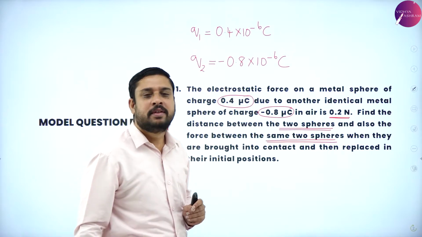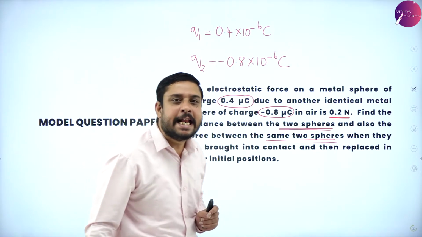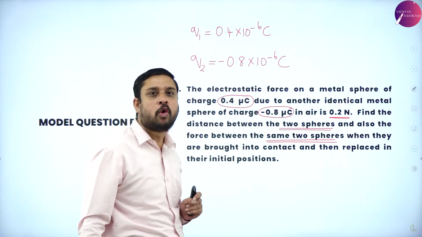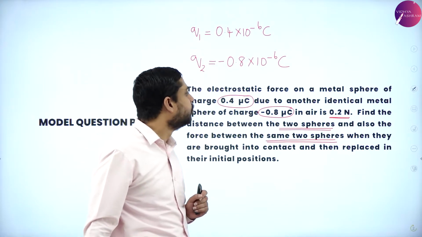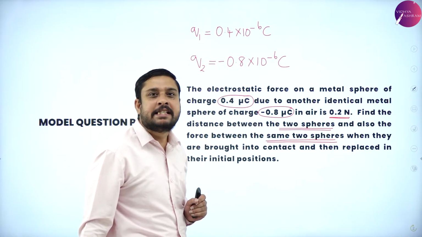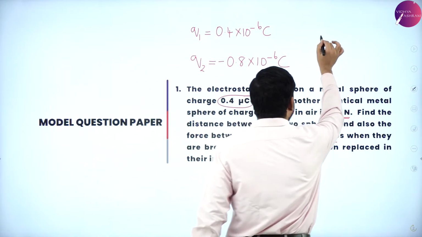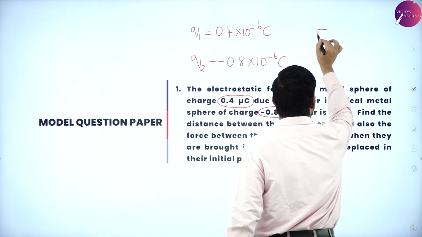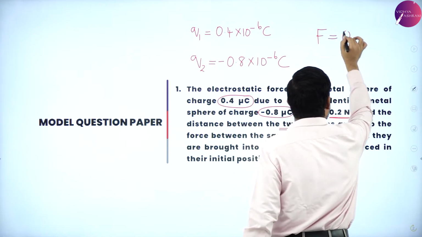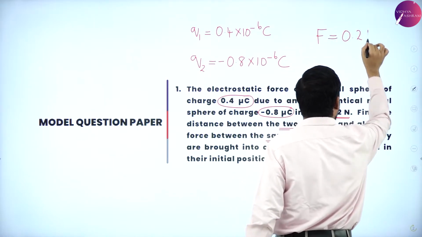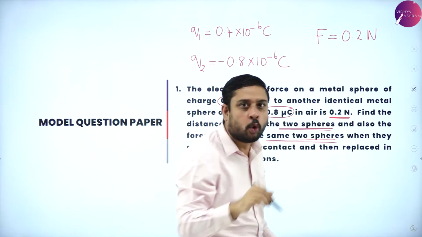Given so, the electrostatic force between them is 0.2 Newton. So F is equal to 0.2 Newton.